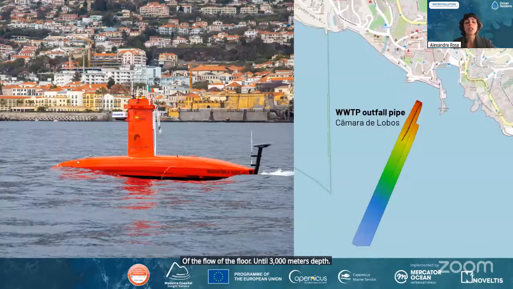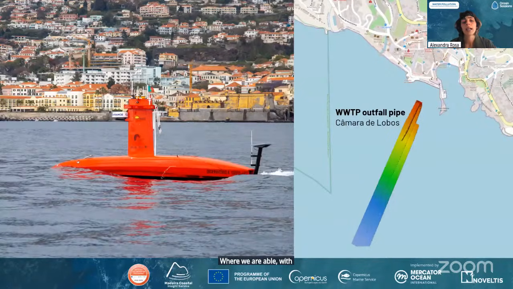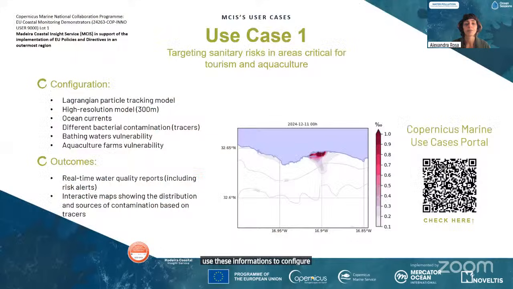But not only in deep water, we can also measure the bathymetric structures very near the coast, around 5 or 10 meters depth, where we are able, with high resolution data, to identify, for example, the wastewater treatment plants' outflow pipes. Then we can use this information to configure our models.